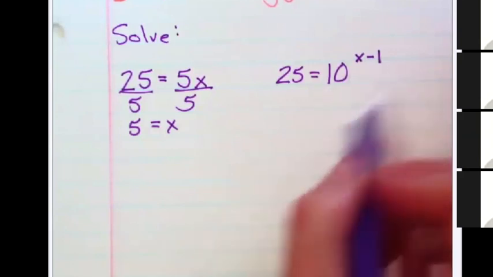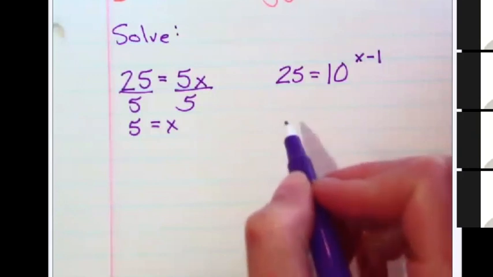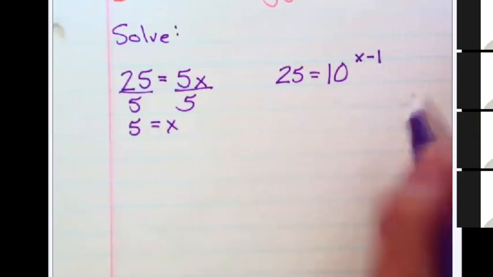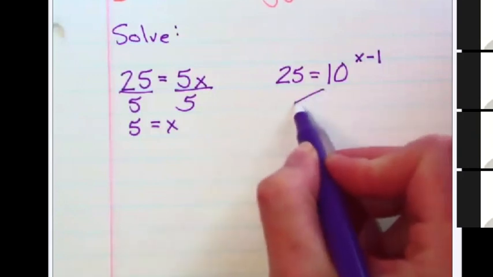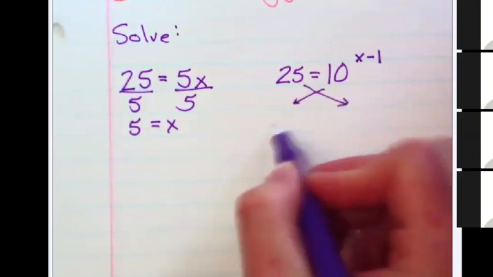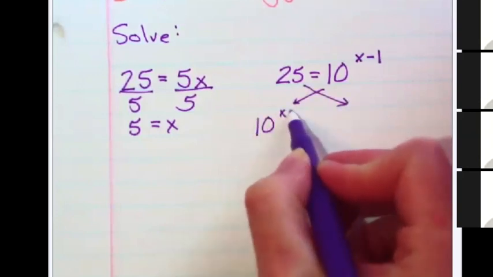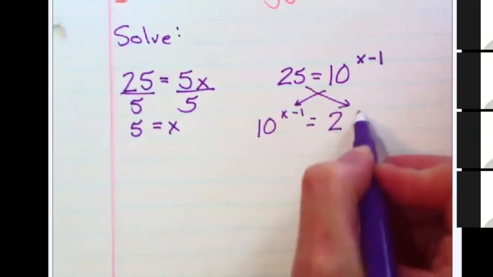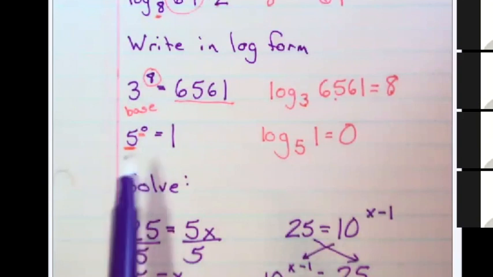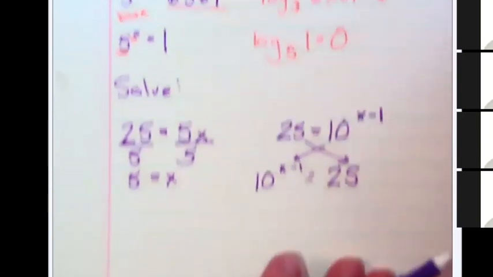Now I'm going to switch it around so that my exponent part comes first. So I'm just going to trade sides and write the 10 to the x minus 1 first and the 25 second, because that's the way we've been writing stuff when we change form up here. So we're just going to keep it the same.